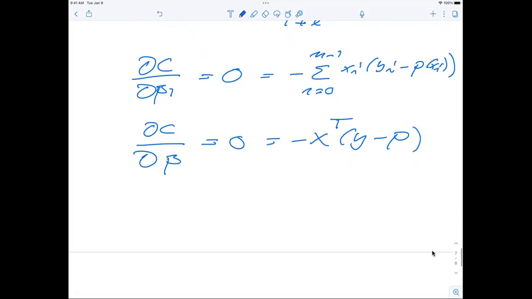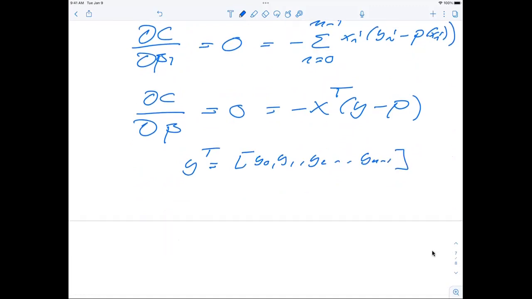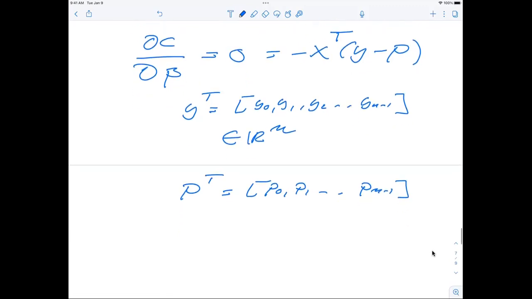Keep in mind that X is your design matrix, y is the set of outputs. So y transpose is y0, y1, y2 up to y of n minus 1. This vector p, so this has a length n, has p transpose equal to p0, p1 up to p of n minus 1, and that also has length n.